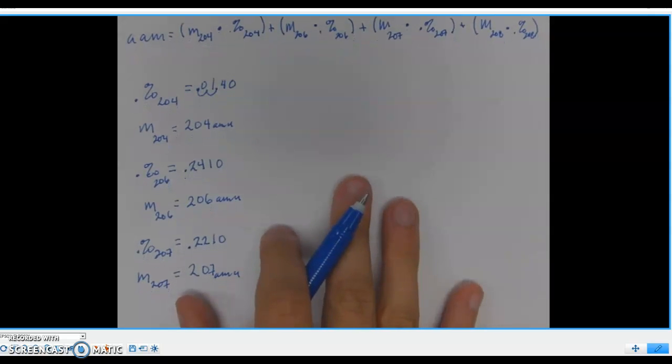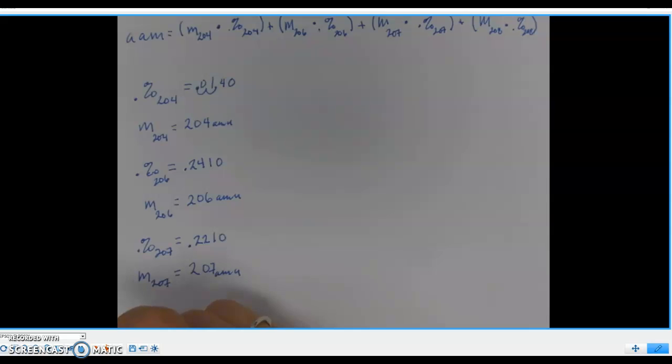And then our last one that we have is the percentage of 208. The problem says that the percentage is 52.40%. So to take it out of that percentage, I divide by 100 or move the decimal to the left 2 times. And then our mass of 208 is going to be approximately 208 AMU.